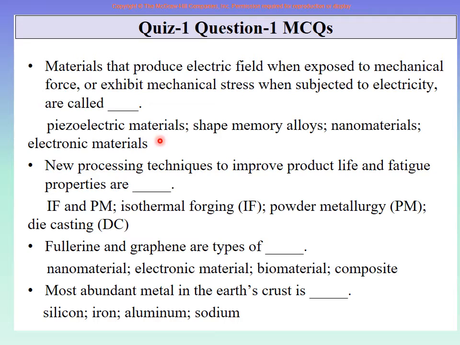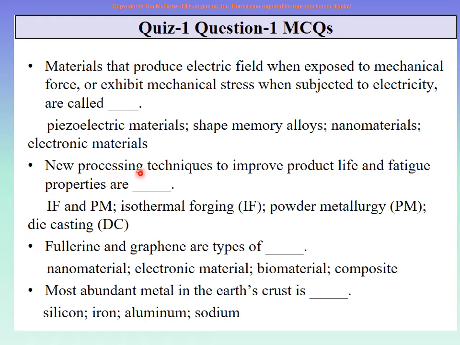So those of you who have prepared well for the quiz know that if you put a stress on the material, it will emit some electrical voltage or current. Or if you put electrical voltage or current through the material, it will start to bend or show stress. These are called piezoelectric materials. This is a very critical property for certain applications.